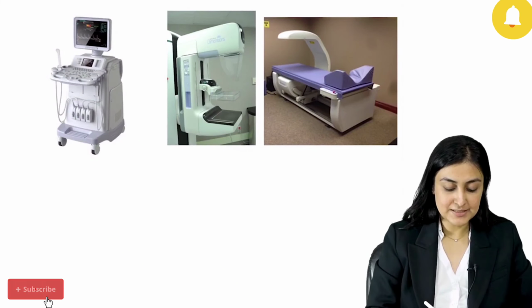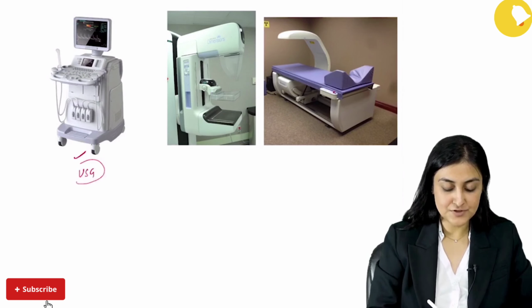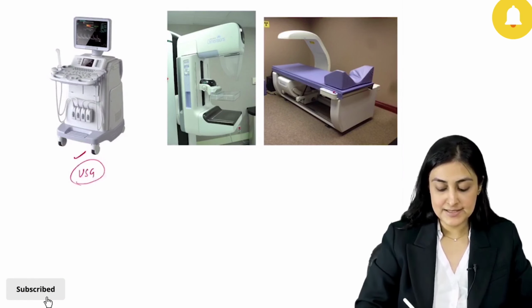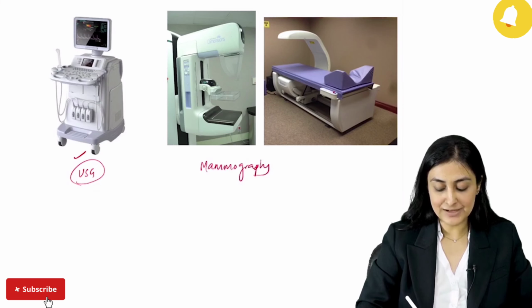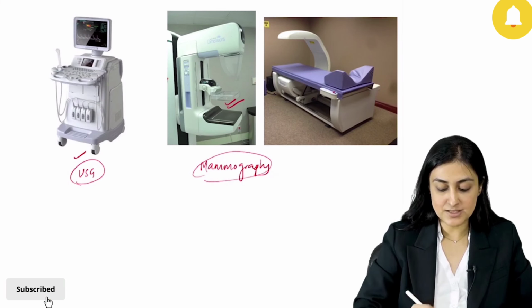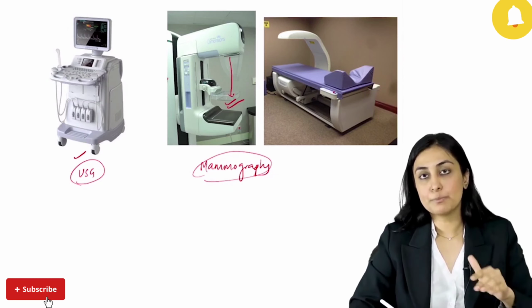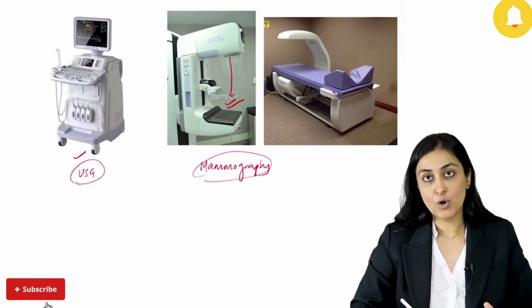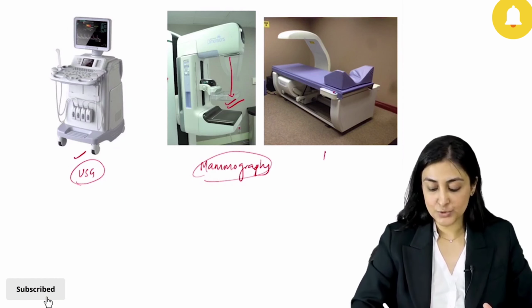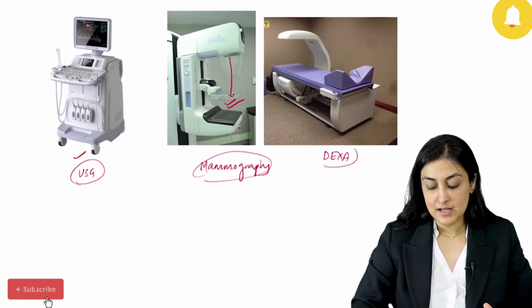Similarly, there's a machine you must have seen in your life. This is an ultrasound machine. This is a mammography machine. This is a very important image, wherein you see these compression paddles. This is the X-ray tube, and these are the paddles you'll use for compression. Okay, so this is the mammography unit, and here what you can see is the DEXA machine.